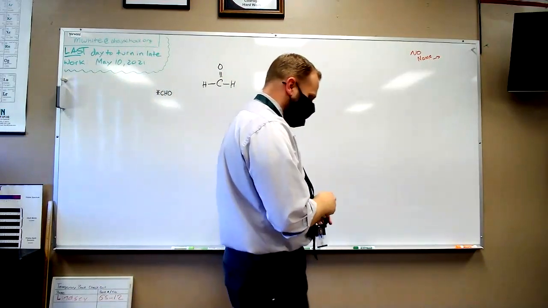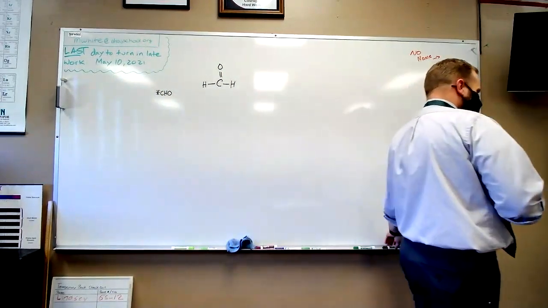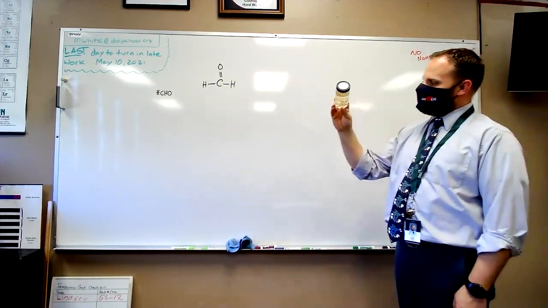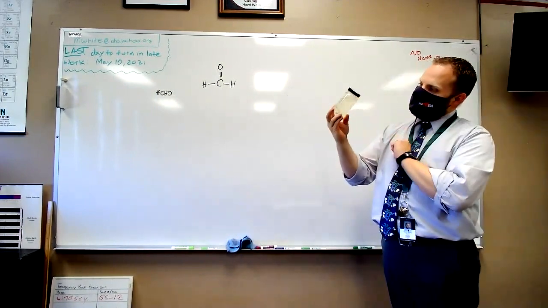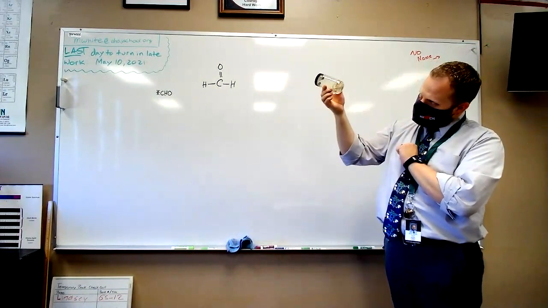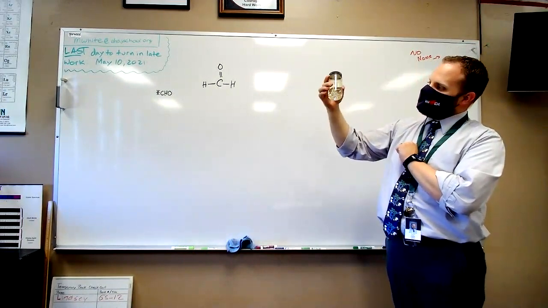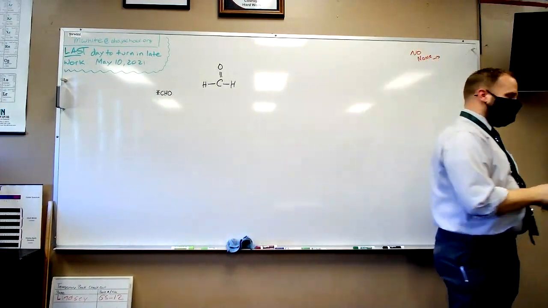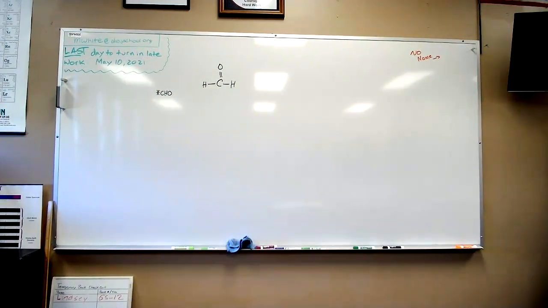That has a common name of formaldehyde. Formaldehyde is what we can use to preserve these specimens. There's actually that brittle star in there, and I'll be able to really see it. The formaldehyde stops bacterial growth, and so it doesn't decompose.